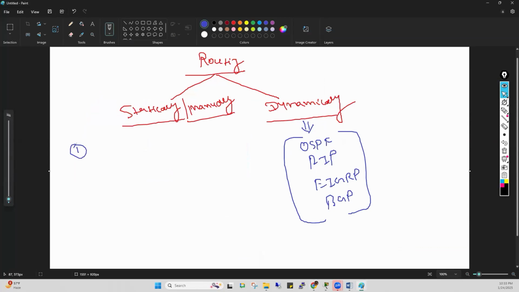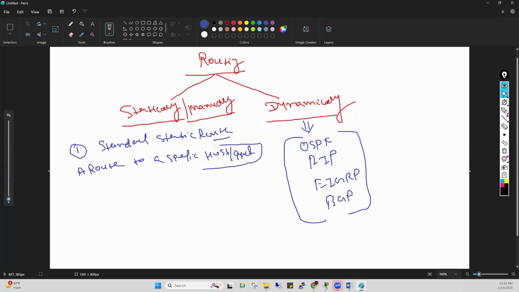First one is a standard static route. Getting my point? I will tell you how we will configure the standard static route. The first thing you need to understand about the standard static route: this is a route to a specific host or complete network.